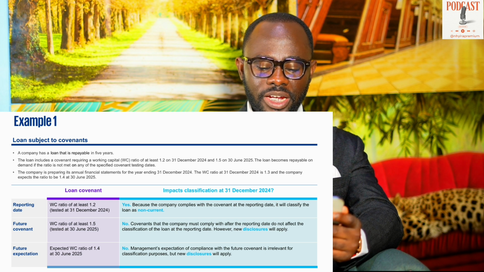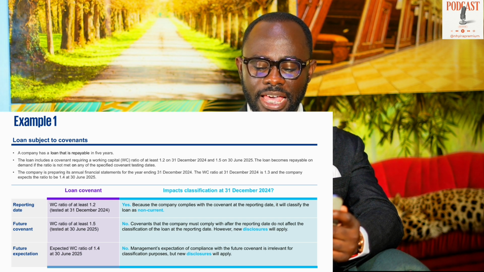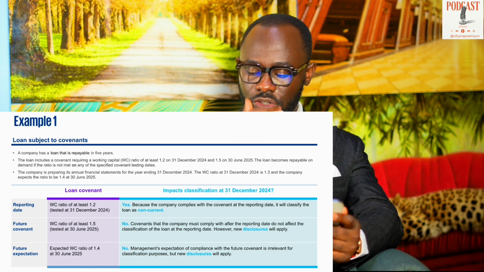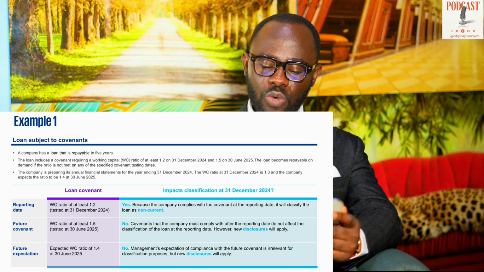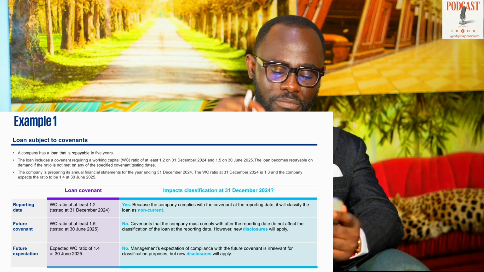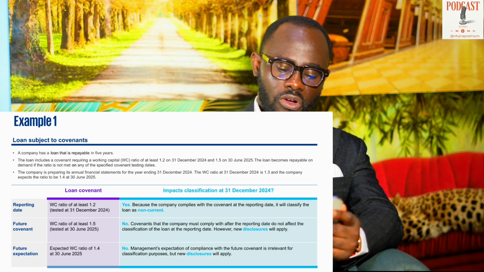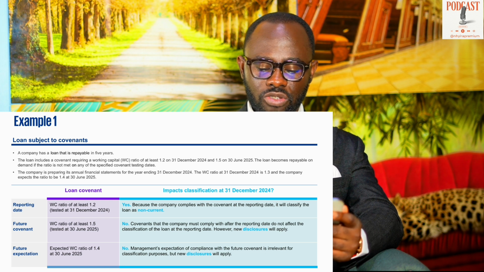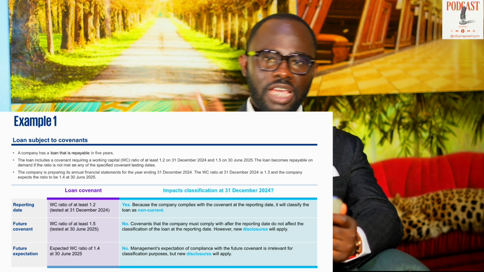The company is preparing its annual financial statements for the year ending 31st December 2024. The working capital ratio at 31st December 2024 is 1.3, and the company expects the ratio to be 1.4 at 30th June 2025. So let's do the analysis.